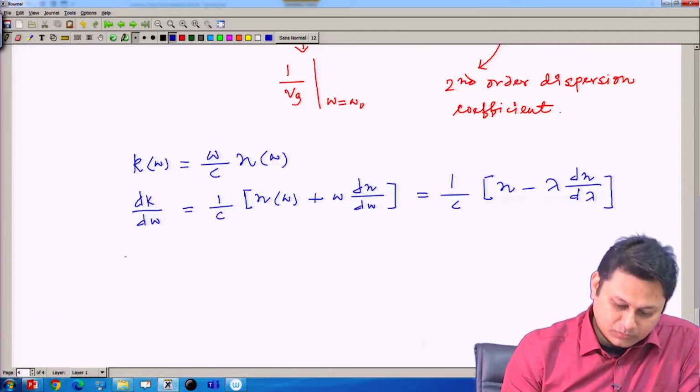Now, beta 2 is the second derivative of k with respect to omega.